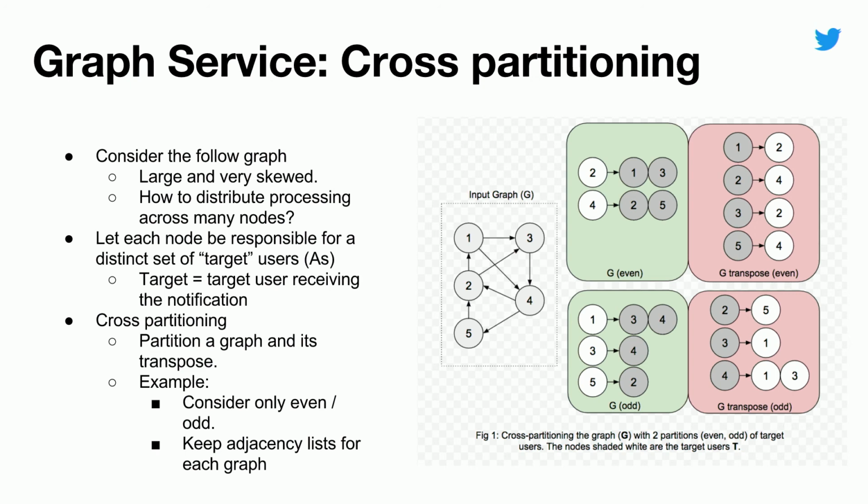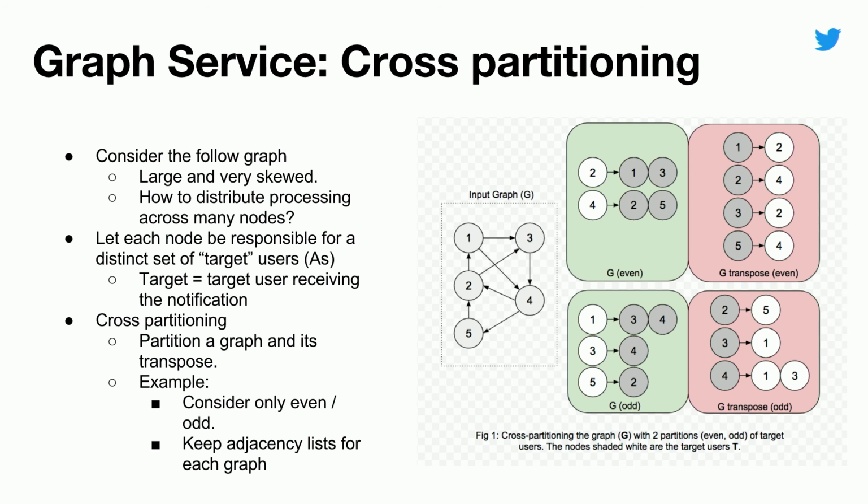The input graph is provided there as a simple input graph. The lightly shaded nodes are the target users. Suppose there's only two types of partitions, an even partition and an odd partition. The even one is the row on the top, the odd one is the row at the bottom, and you're considering the graph and its transpose. The transpose is important because of fanout. So we want to look at both the graph and its transpose.